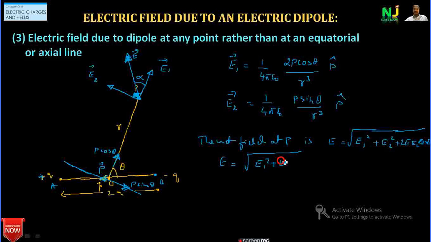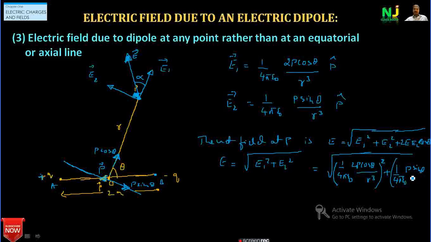E1 square is 1 by 4 pi epsilon naught 2P cos theta divided by R cube, considering only magnitude, whole square, plus 1 by 4 pi epsilon naught P sin theta divided by R cube, R cube whole square again.